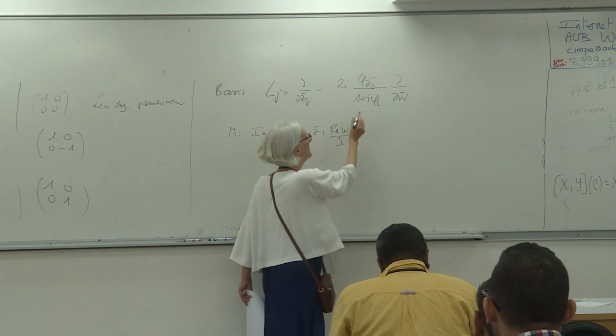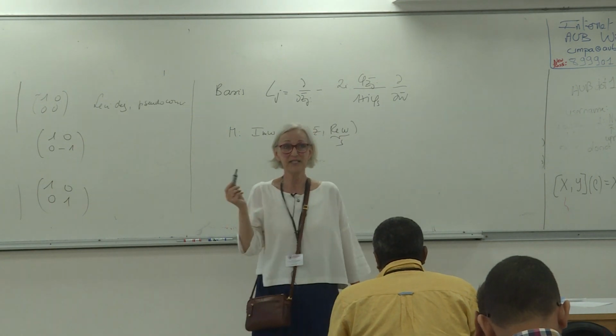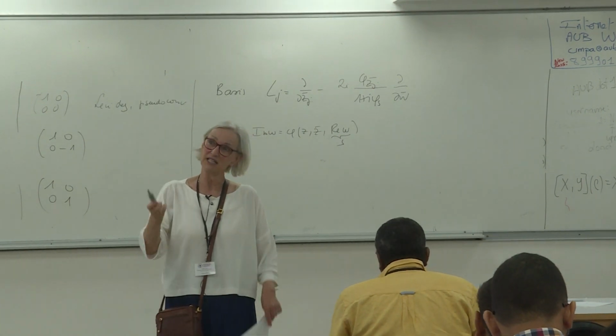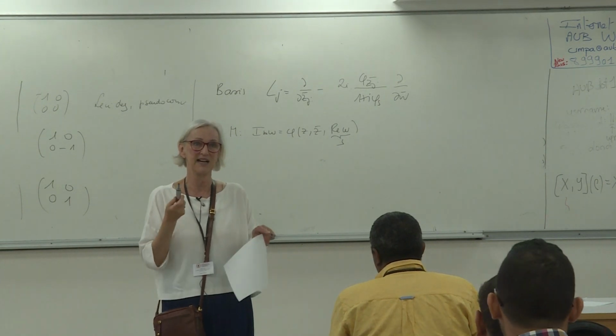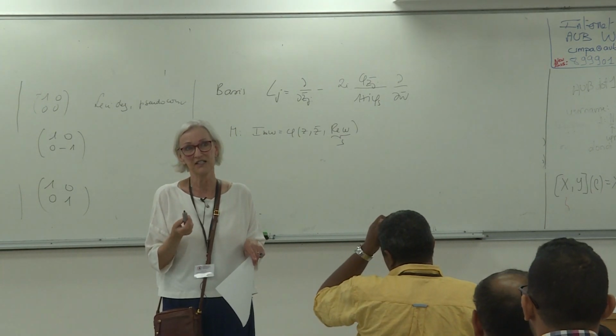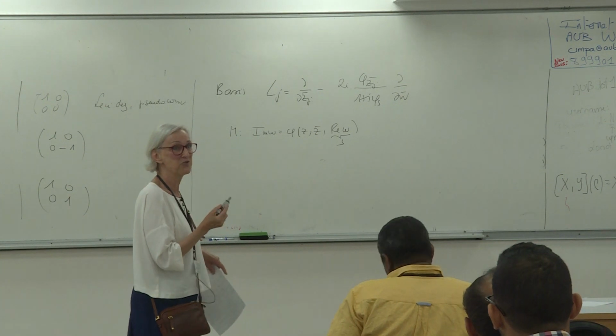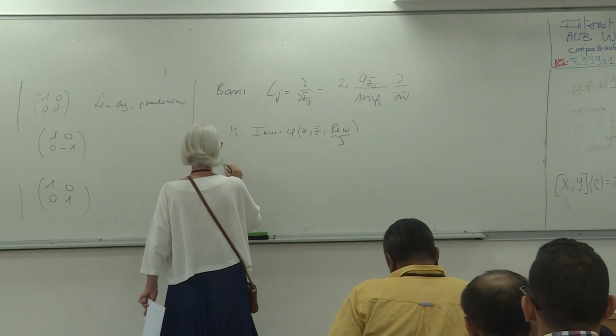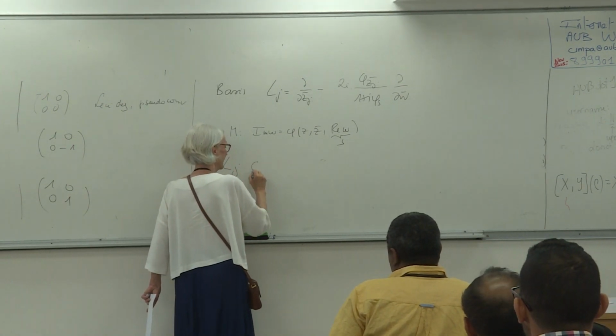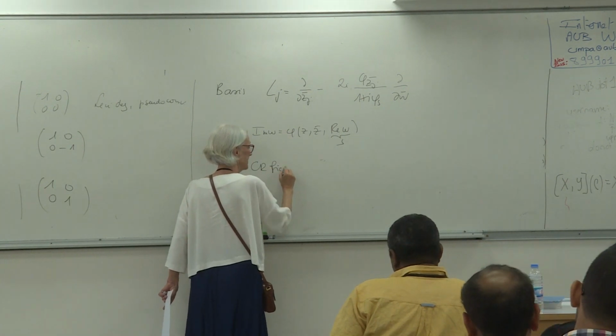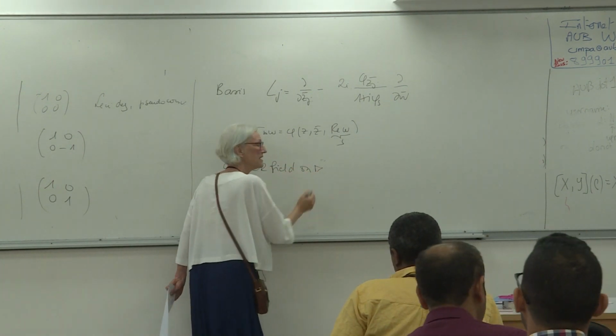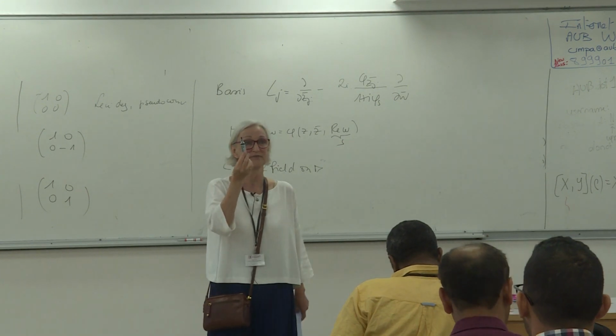If somebody is willing to come, it will be great, so we can make a little exercise at the end of the lecture. I would like you to prove that LJ is a CR field on M. It's easy, but there are just a few minutes left.